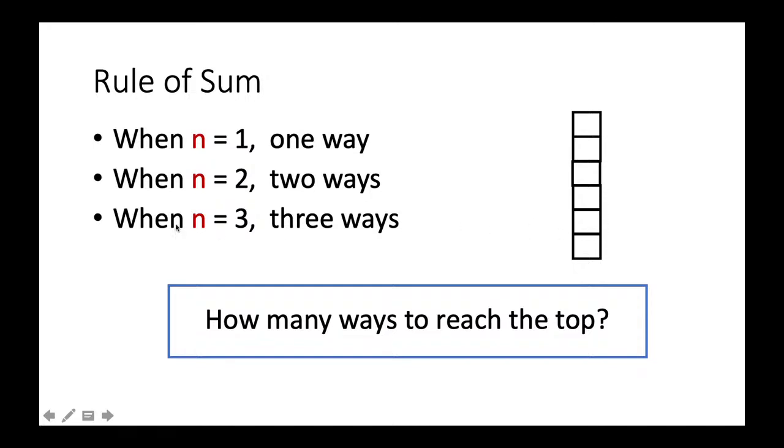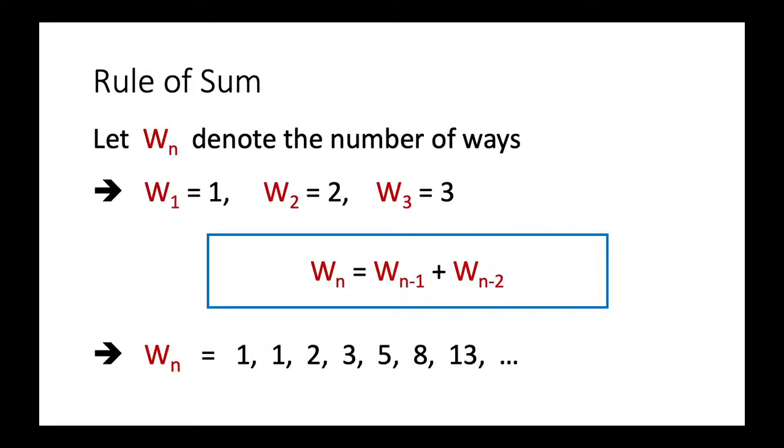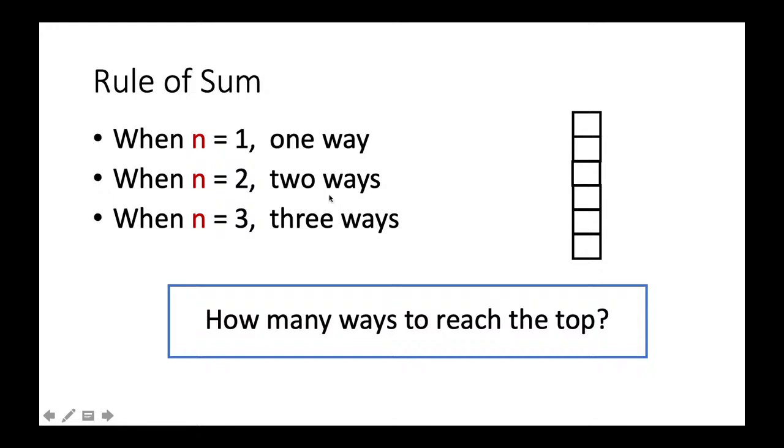So there are going to be 3 ways, because we know that when n is equal to 3, there are 3 ways. Or the person can go up 2 steps as the first choice, and after that there are 2 ways he can choose. It is because after going up 2 steps in the first choice, there are 2 steps remaining. So there are going to be 2 ways.